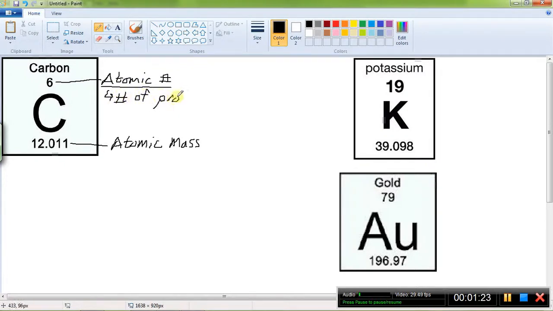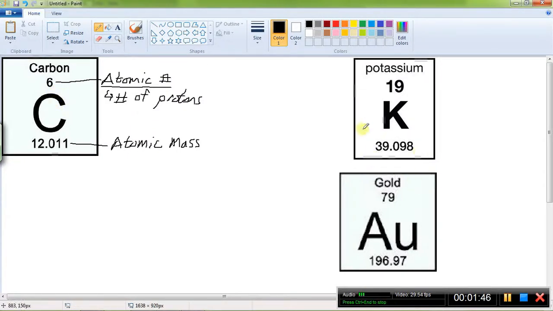Every single atom of carbon in the whole universe has 6 protons in it. So the number of protons determines what element an atom is. Any atom that has 6 protons is carbon. If it has a different number of protons, it cannot be carbon.